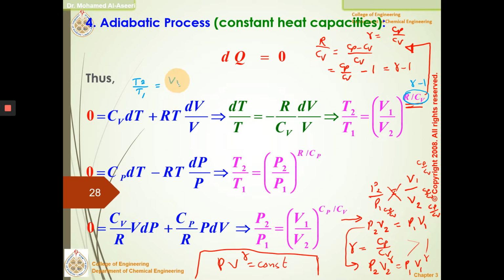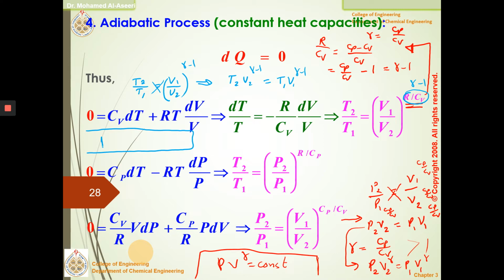V1 over V2 all to power gamma minus 1. Which means if I did the cross multiplication of both sides, I will have T2 V2 to power gamma minus 1 equal to T1 V1 to power gamma minus 1. What does this mean? This means that this brings another important equation that says T V to power gamma minus 1 is constant value.